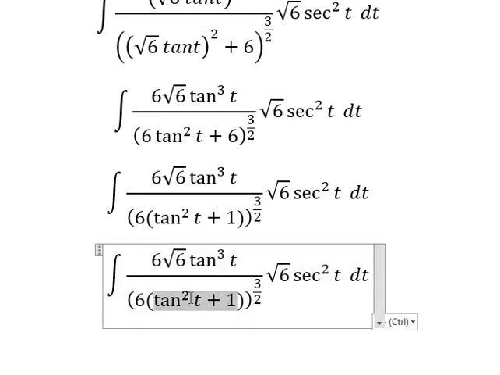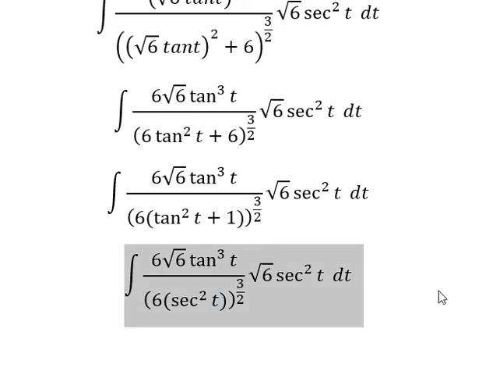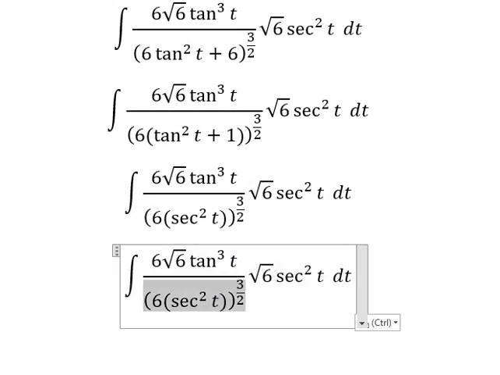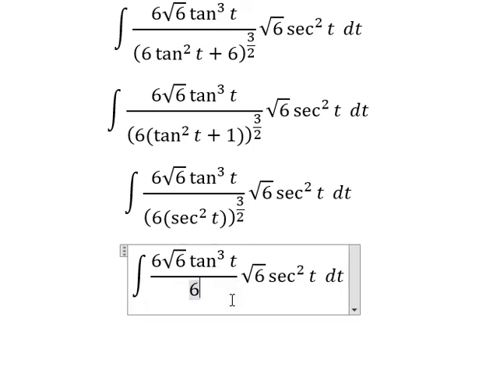And this one we change to secant t squared. And now we put this one outside, and we have 6 times the square root of 6 secant t to the power of 3.